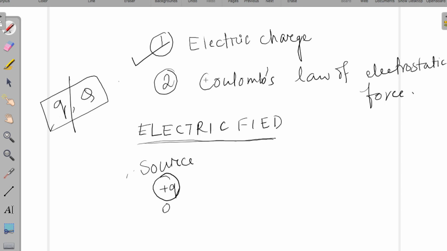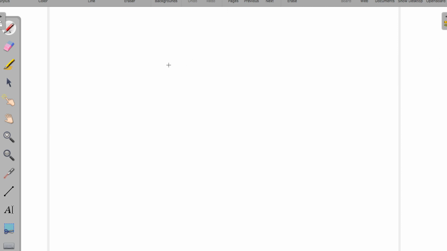If I draw this in a new slide, this is the source charge plus Q, placed at the origin O. This positive charge Q will produce an electrical environment in the surrounding space, and this electrical environment is called the electric field.